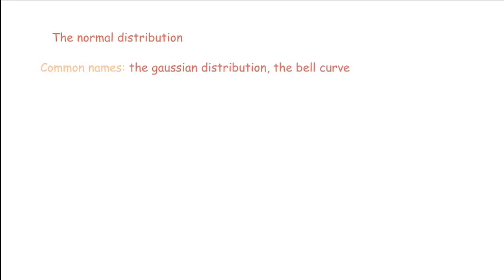And now we finally reach the most famous, central and important distribution in statistics: the normal distribution. It is so fundamental that it has two other common names: the Gaussian distribution and the bell curve. Many things in nature are modeled by the normal distribution, like IQ and height.